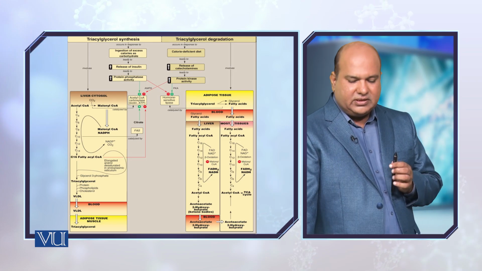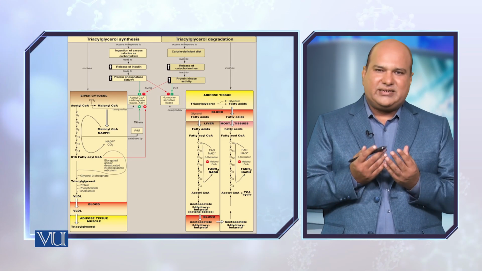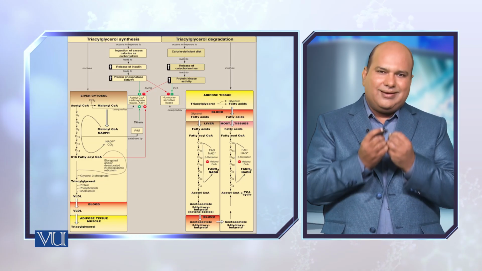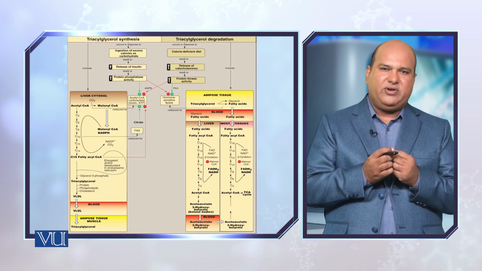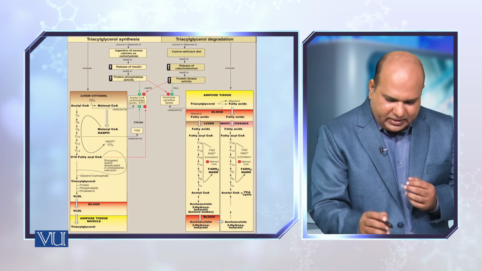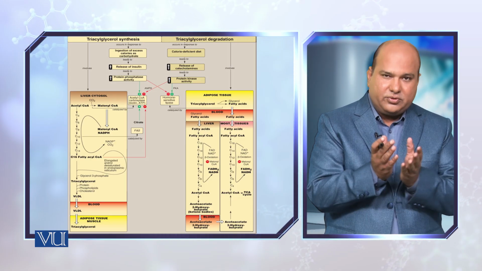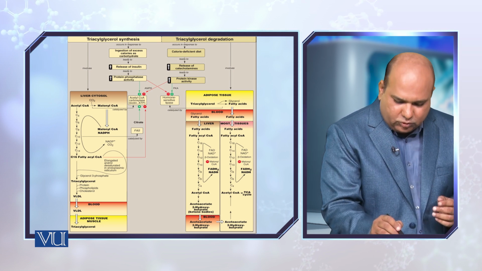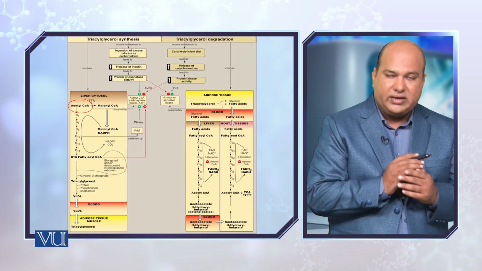As you know, triglycerides are a major type of lipid present in our body. As far as synthesis is concerned, their major building block is the two carbon compound acetyl CoA.